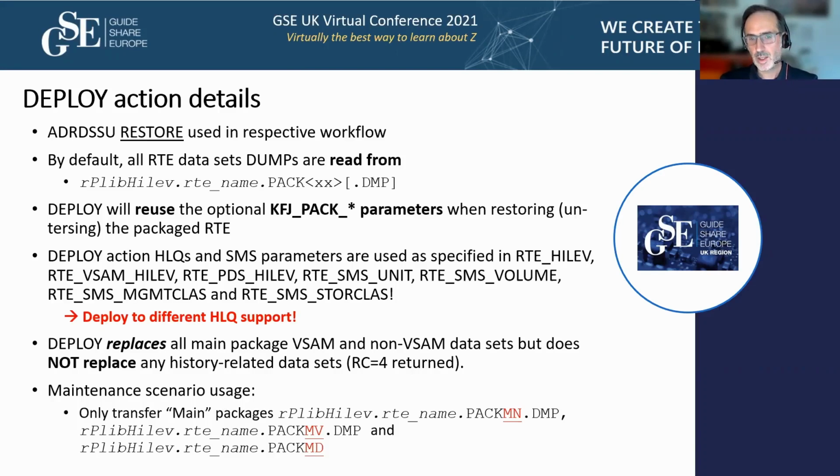So typically when you roll this out the first time, or typically after you have enabled history, you would transfer those history data sets, but then in subsequent maintenance runs, you would just omit them. And by splitting this, we keep the package size low.